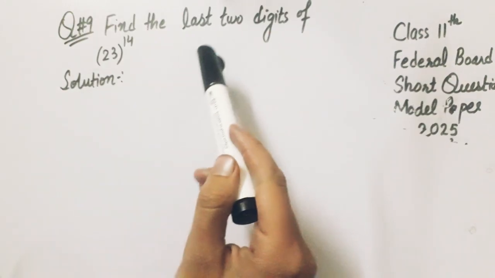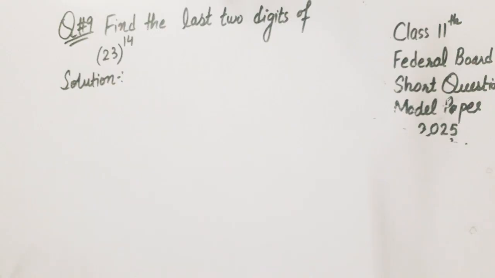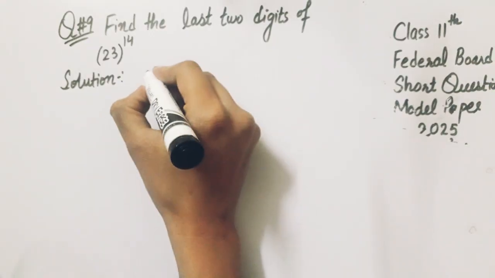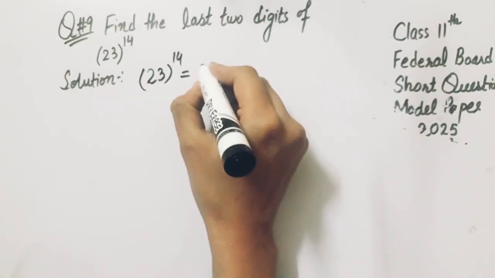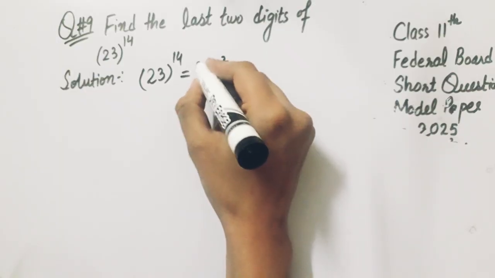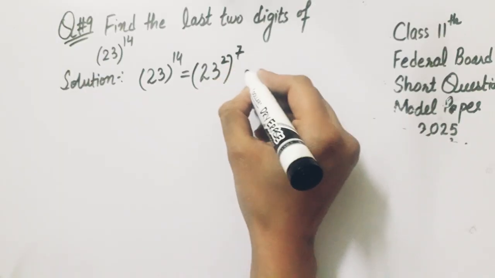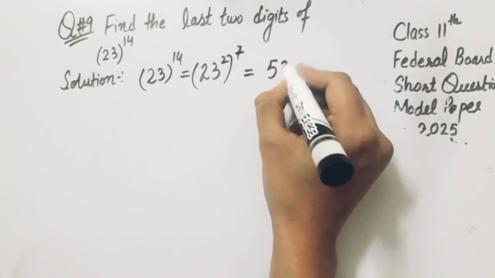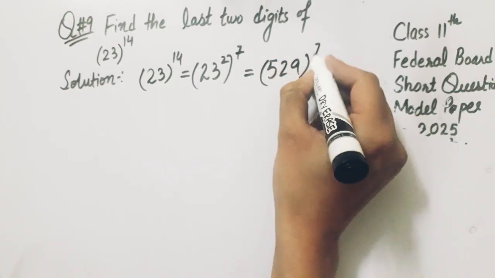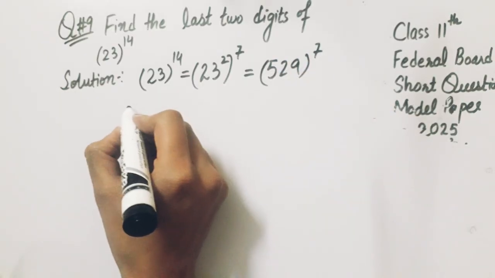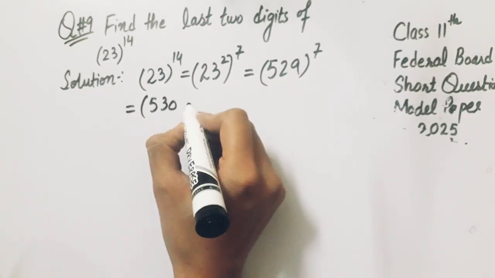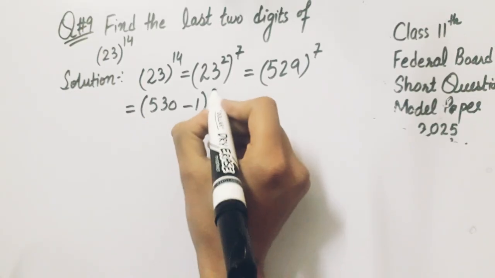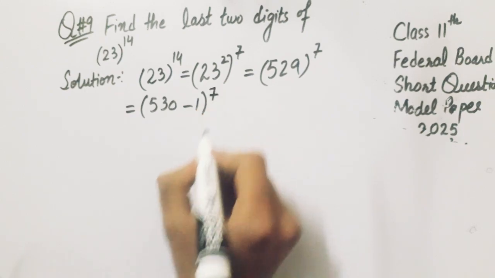Now question number 9 is: find the last two digits of 23 raised to power 14. So 23 raised to power 14 can be written as 23 square into 7, and 23 square is 529, raised to power 7. So 529 can be written as 530 minus 1, raised to power 7.